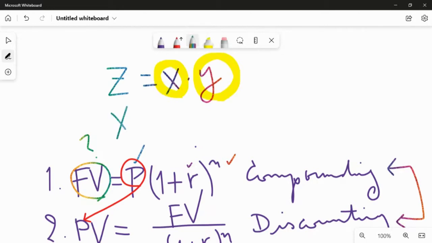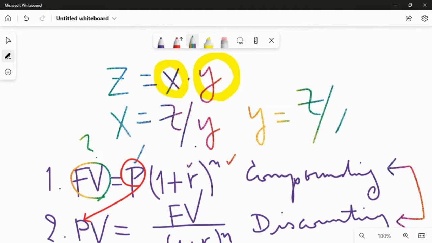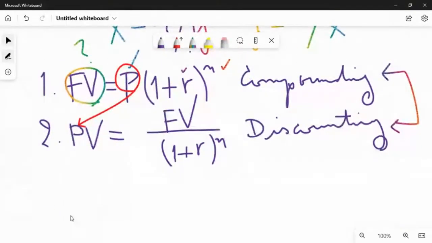In other words, x would be z over y, and y will be z over x. So discounting is exactly solving this z equals x times y equation for P, which is x.